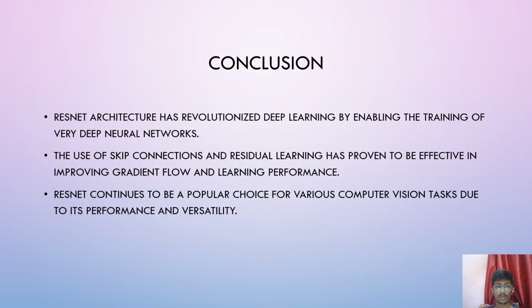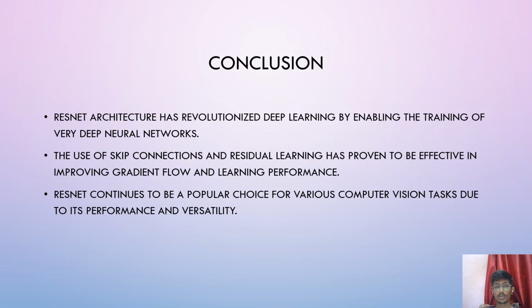Coming to the conclusion, ResNet architecture has revolutionized deep learning by enabling the training of very deep neural networks, therefore it has a much wider range of features compared to regular neural networks. The use of skip connection and residual learning has proven effective in improving gradient flow and learning performance.